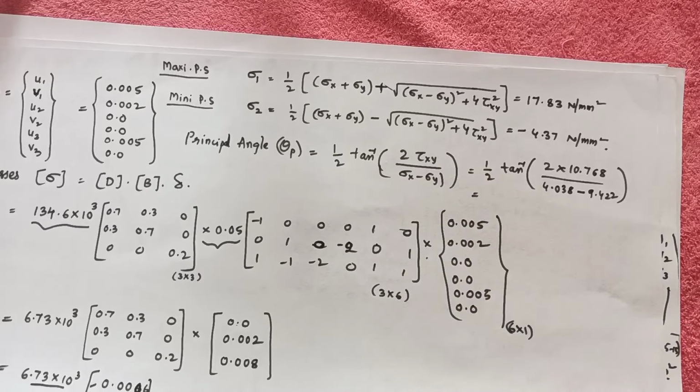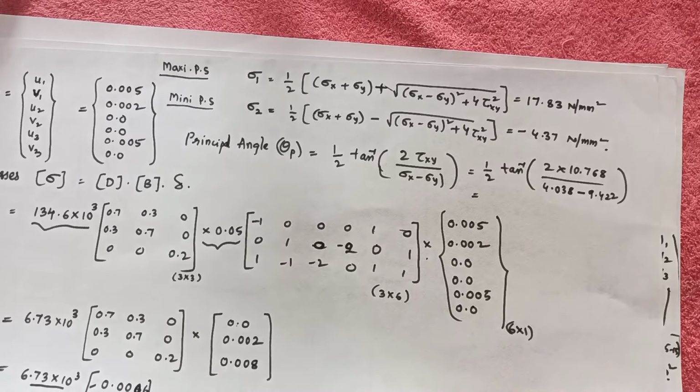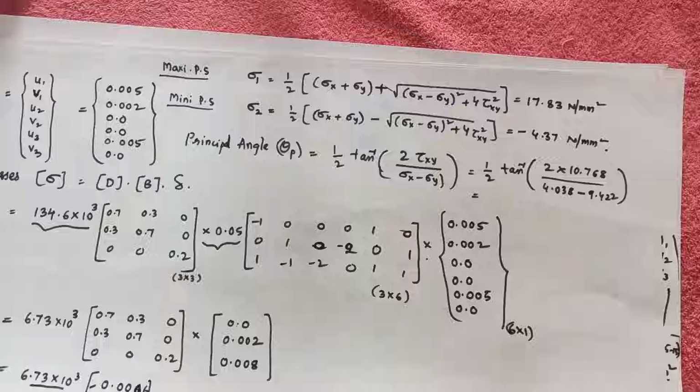So it is 2 into 10.768 by 4.038 minus 9.422.